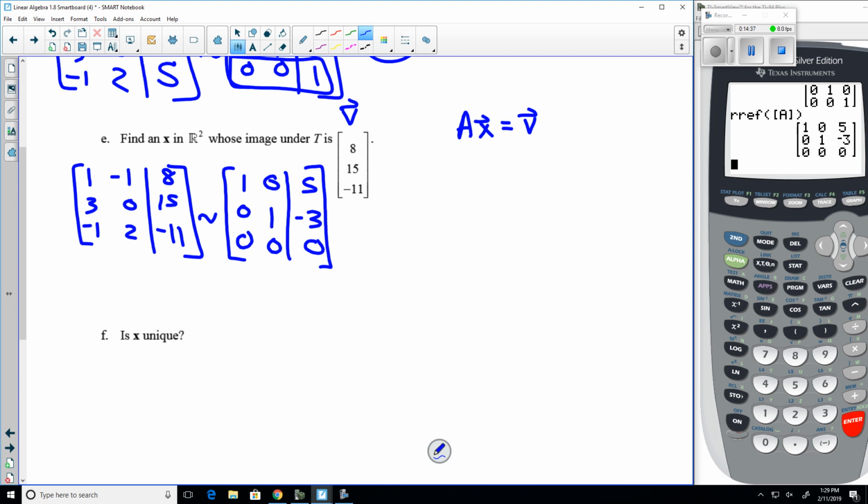It's augmented here. So do we know the vector x? So it has to be 5 for x1 and negative 3 for x2, right? So if we multiply A times this x, we will get that v.